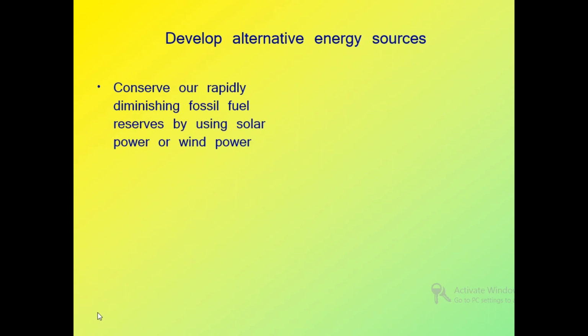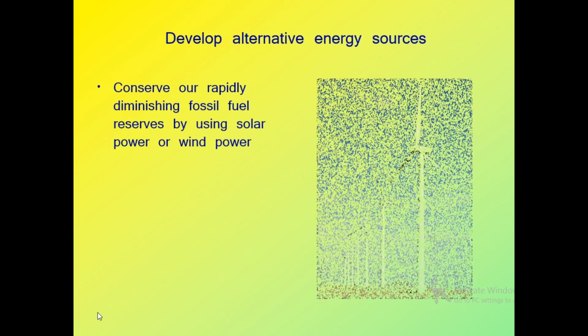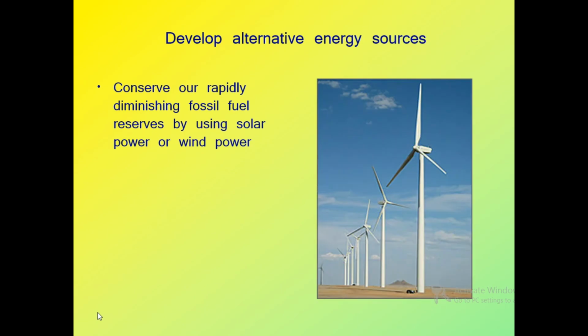Conserve our rapidly diminishing fossil fuel reserves by using solar power, wind energy, thermal, geothermal energy, and other alternative energies, tidal energy, and others. Solar and wind are the major sources of alternative energy for humans.